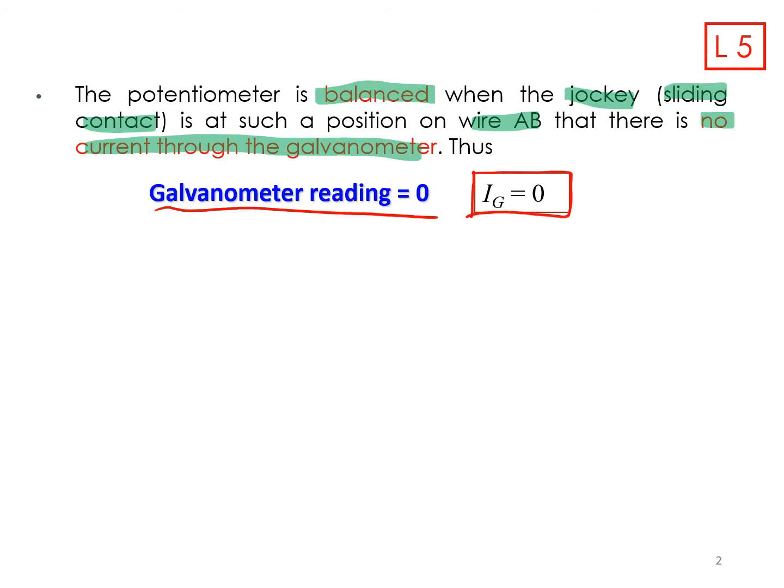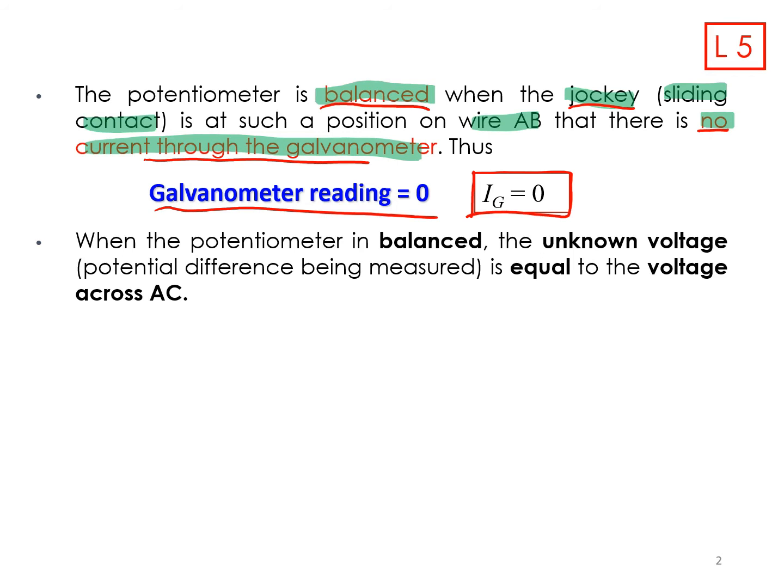I repeat once again, your potentiometer must be in balance when you slide your jockey at a certain point, so that no current can pass through the galvanometer.